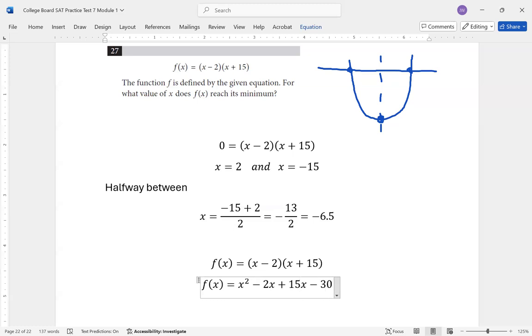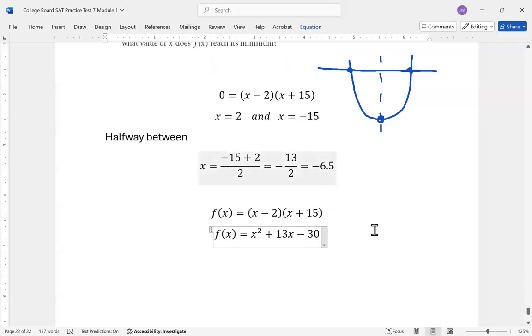And then I'd combine those middle terms. That's going to be a plus 13x. And then you need to know where the vertex is of a parabola in this form. It turns out that the vertex has x value which is opposite of b over 2a.